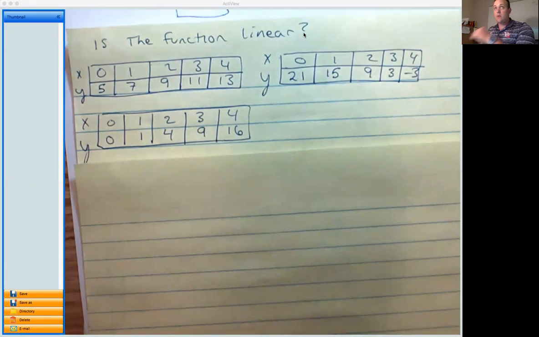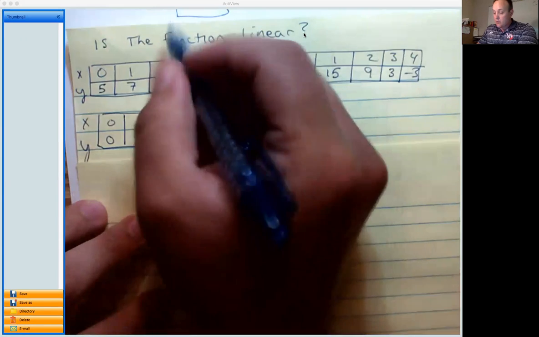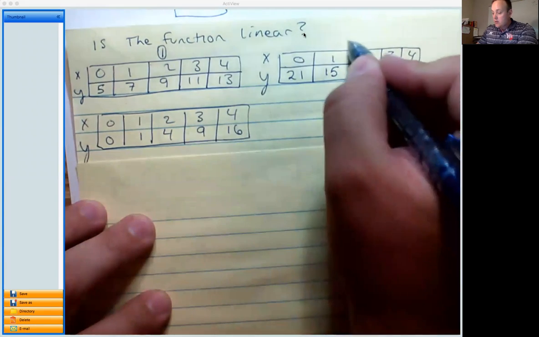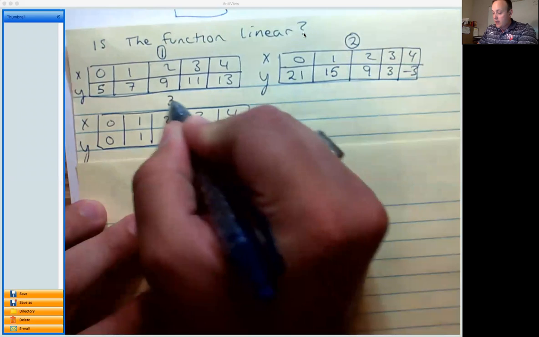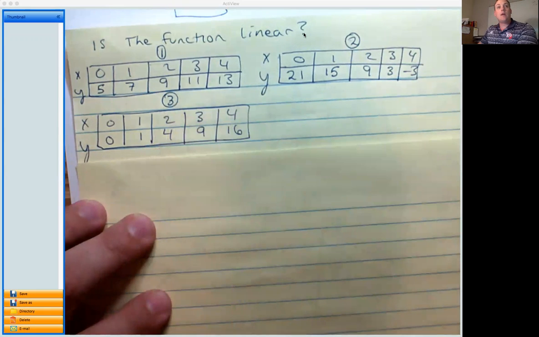Caleb, put the ruler down. Look at each of these tables, tables 1, 2, and 3, and think to yourselves which ones are linear and which ones are not. Turn to your partner and tell them which functions are linear and which are not.